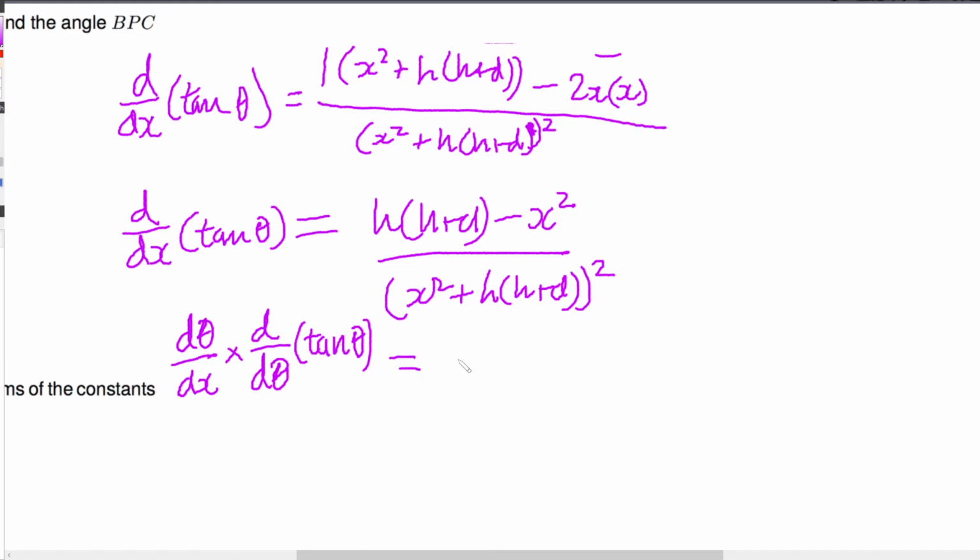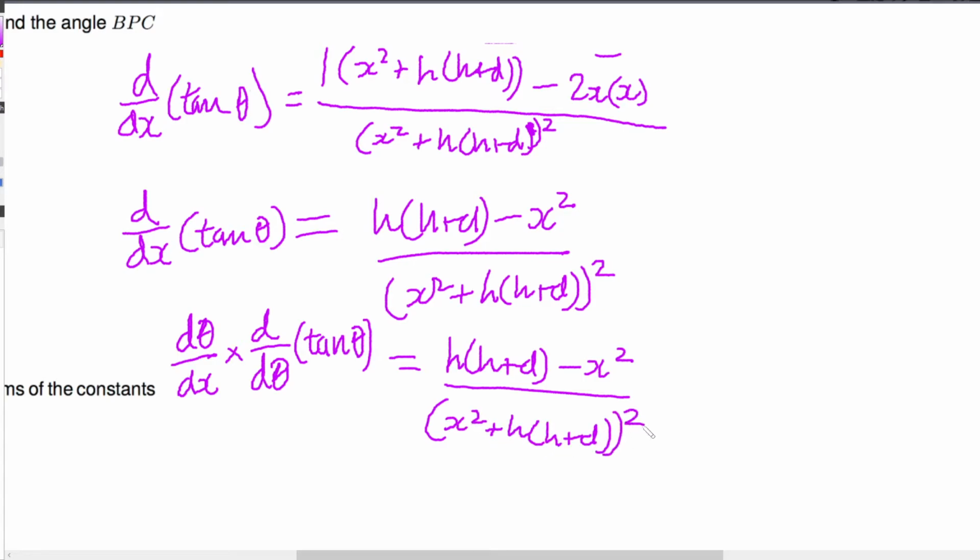So this is equal to h times h plus d minus x squared over x squared plus h times h plus d squared. And because d by d theta tan theta is sec squared theta. Let me just check that.